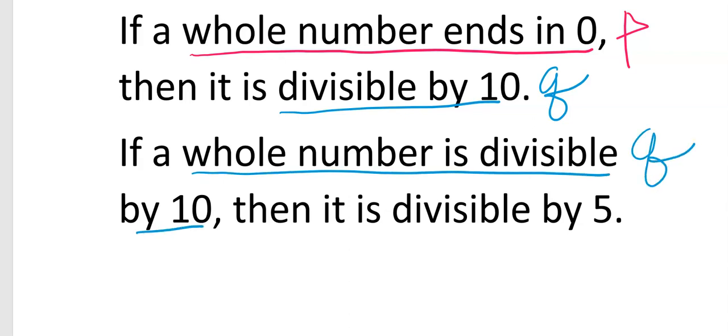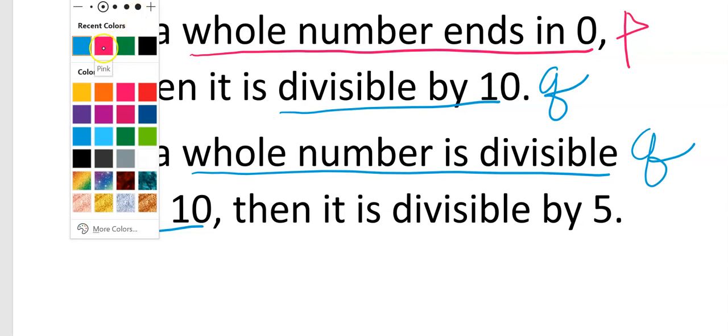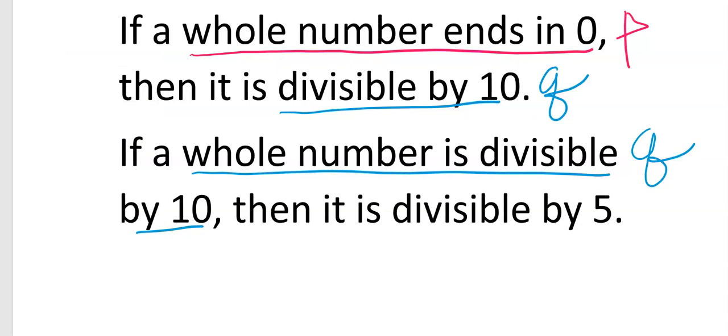Then it's divisible by 5. What does that one need to be? R, because it's a new idea, right? So we have whole number ending in 0, divisible by 10, and now we have divisible by 5. That's something that's new. I'm going to put an R in there. As long as the middle two letters match, you can make a conclusion.